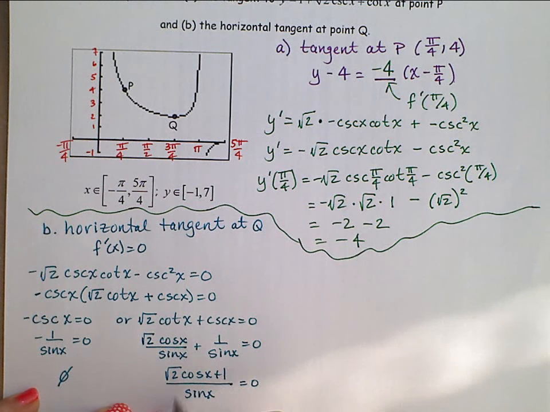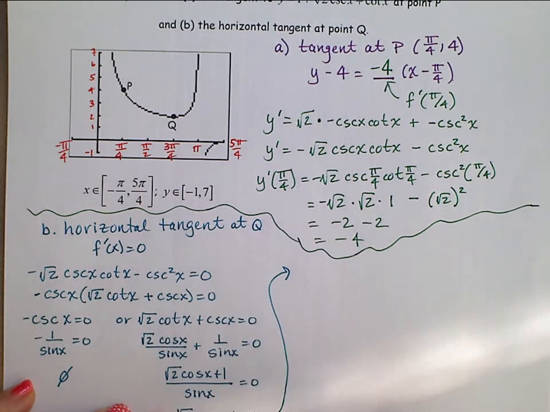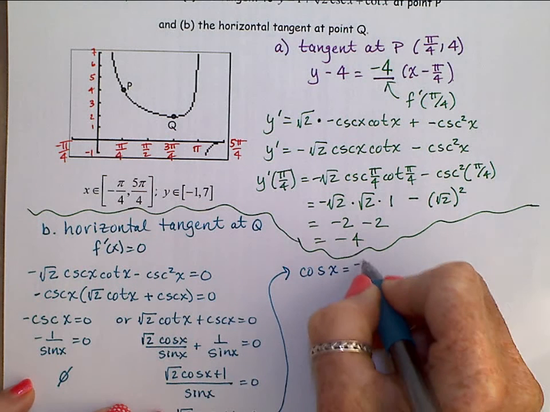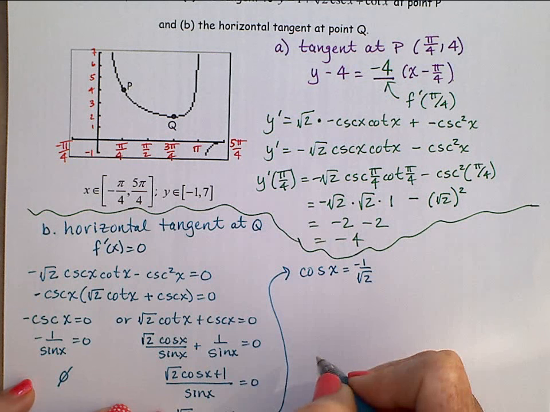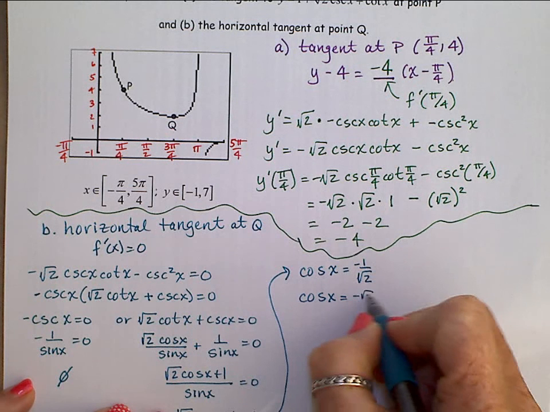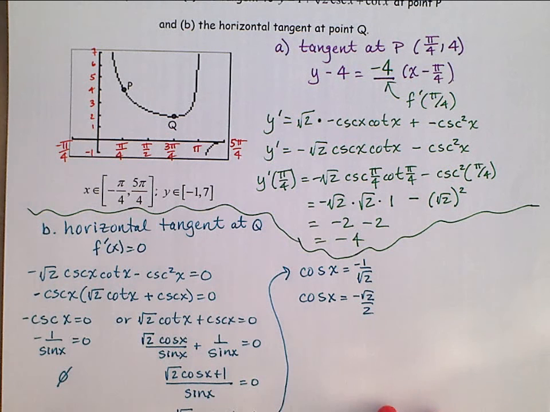So that means that square root 2 cosine x plus 1 has to equal 0, which means cosine x is negative 1 over square root 2. When we rationalize, cosine is equal to negative square root 2 over 2.